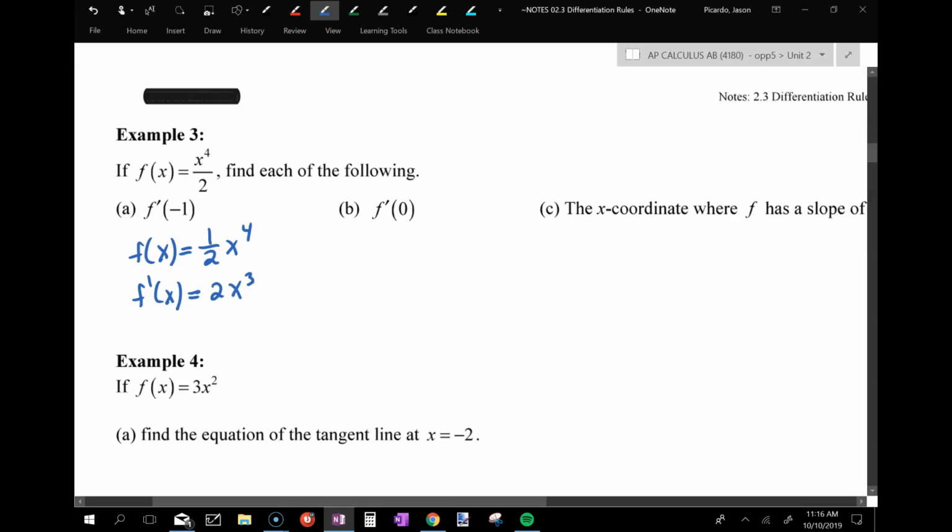Very good. So our derivative at negative 1, what's negative 1 cubed? Negative 1. Good. So this is negative 2. And our derivative at 0 is 0.